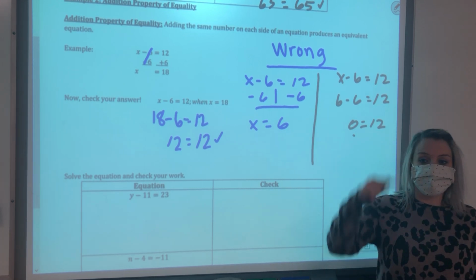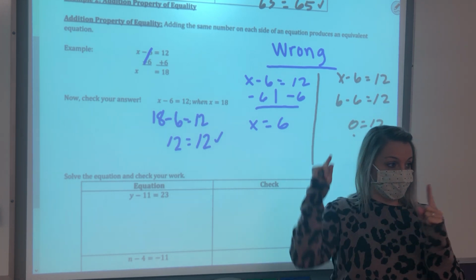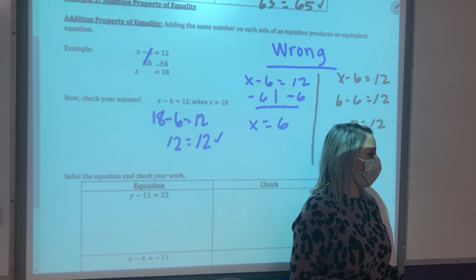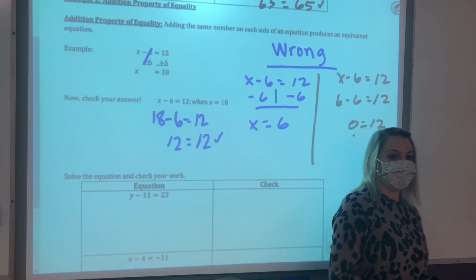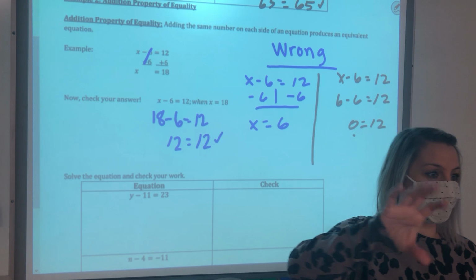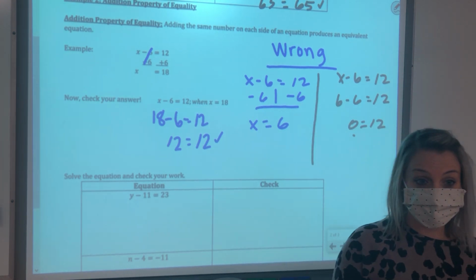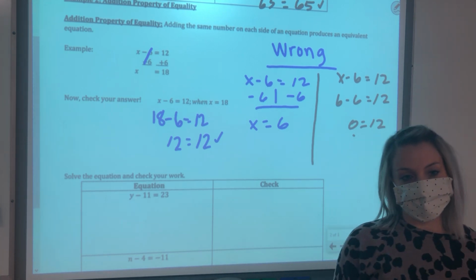I have done a 15-line math problem before, and when I checked it, it was wrong because I dropped a negative somewhere. A number was supposed to be positive and I wrote it as a negative, or vice versa. So then I had to rip that page out and do it all over again.